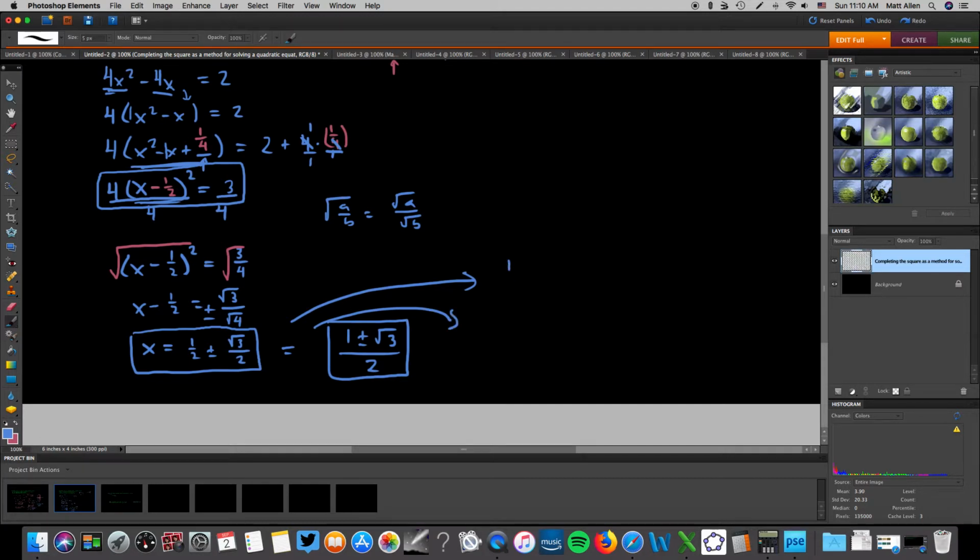One of our zeros is 1/2 plus the square root of 3 over 2, and the other one is 1/2 minus the square root of 3 over 2. I like these as our solutions, our zeros. When I put them into the calculator, I am going to write them as 1 minus the square root of 3 over 2 and 1 plus the square root of 3 over 2, just because it's a little bit easier to go with that on a calculator.